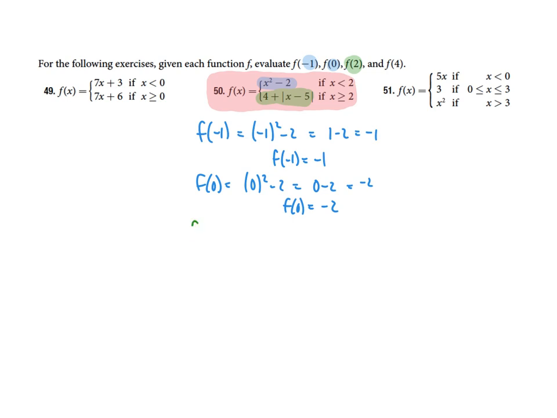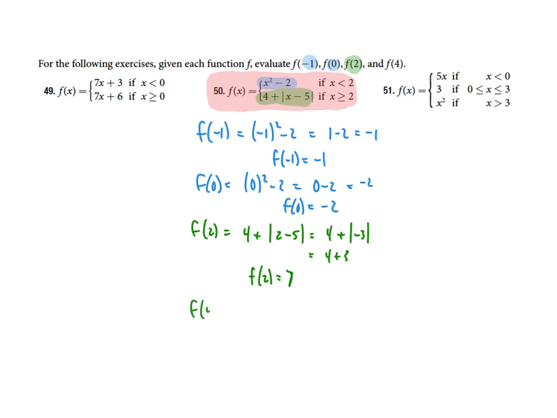And then f of 2. Well, that goes in the bottom part of the function. So 4 plus the absolute value of 2 minus 5, which is 4 plus the absolute value of negative 3, which is 4 plus 3. So f of 2 equals 7.